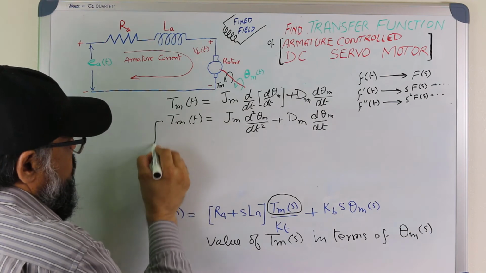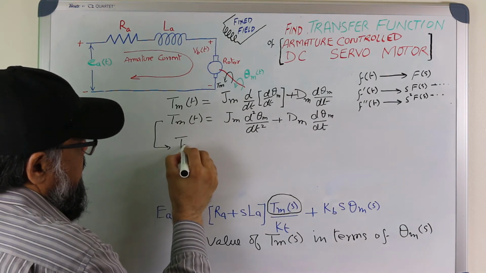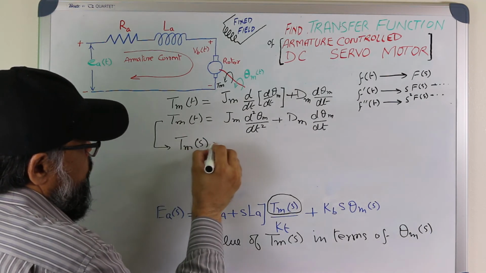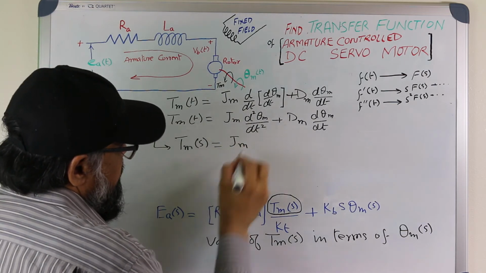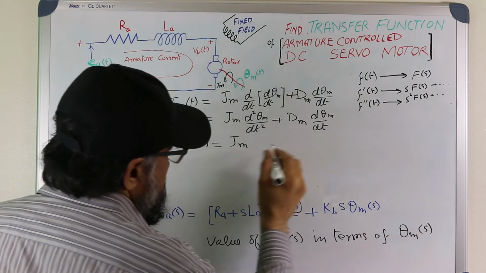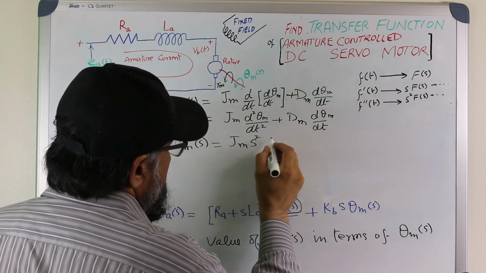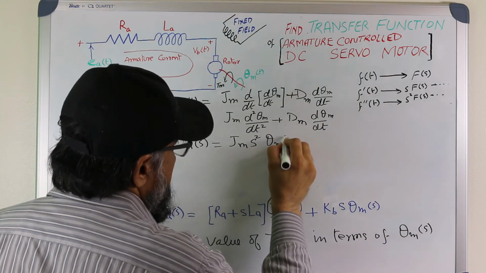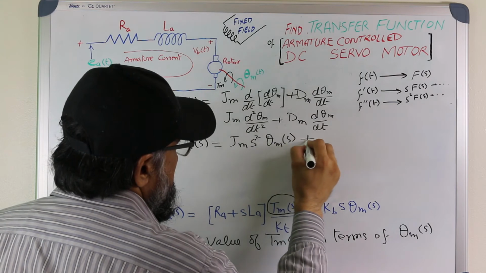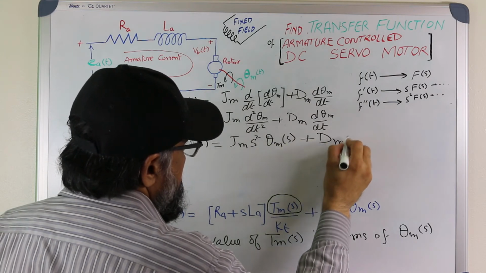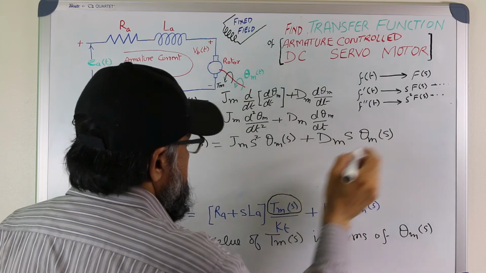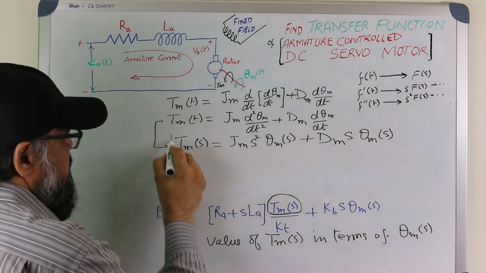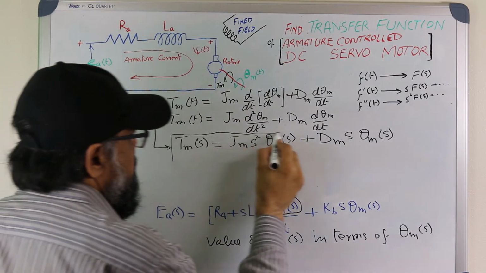So when we go to S domain, we get torque equals Jm S square theta ms plus Dm s into theta ms. So this is the final step.